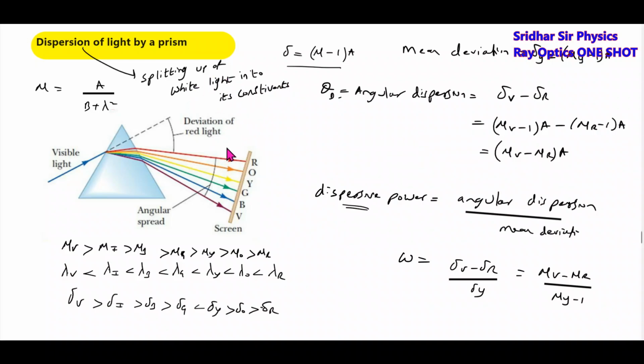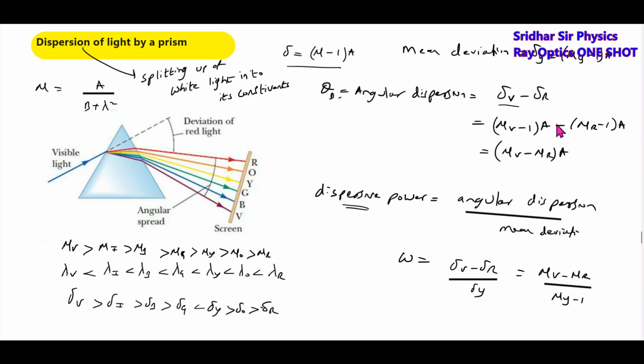Splitting up of white light into its constituents is called dispersion. Then the deviation suffered by yellow color light we call mean deviation. Then the deviation suffered by violet minus red, the difference of that, we call angular dispersion.